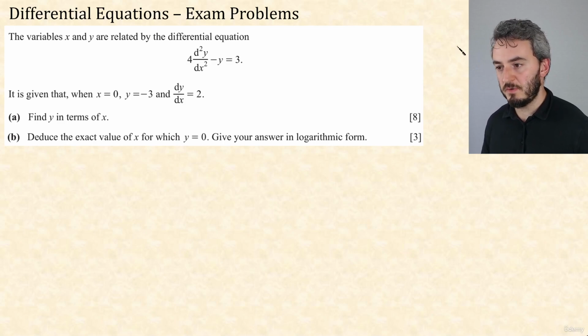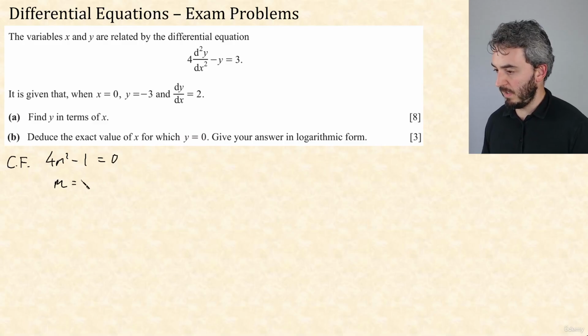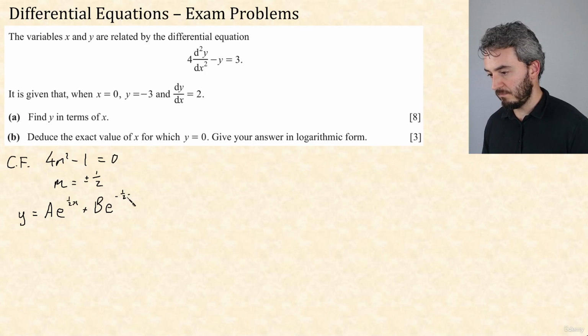Okay, so I see a non-homogeneous second order here. So let's just solve and find the complementary function. 4m squared minus 1 equals 0. So that's m is plus or minus a half. Okay, so that's y equals a e to the half x plus b e to the minus half x. Okay, now for the particular integral. Constant over here, so my guess would be y equals lambda.